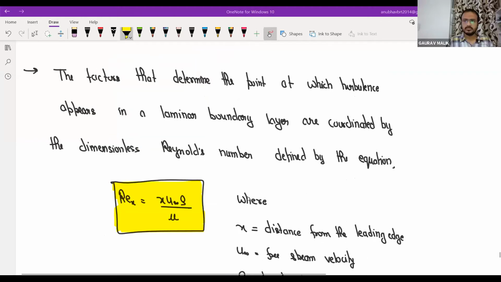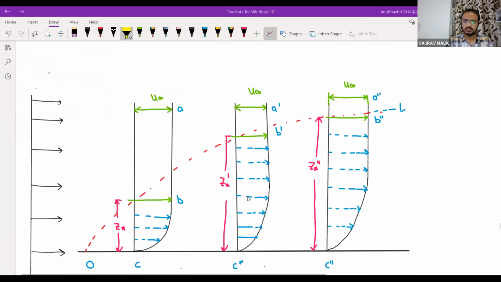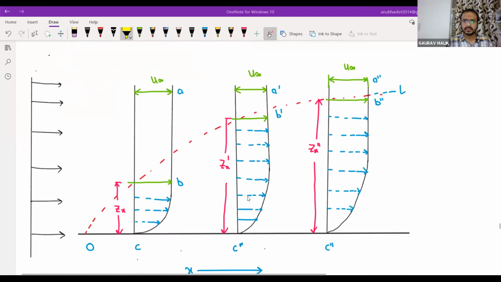Sir, can you please show yesterday's boundary layer diagram? This is according to the Blasius one. This was the diagram. Take a screenshot of this one.